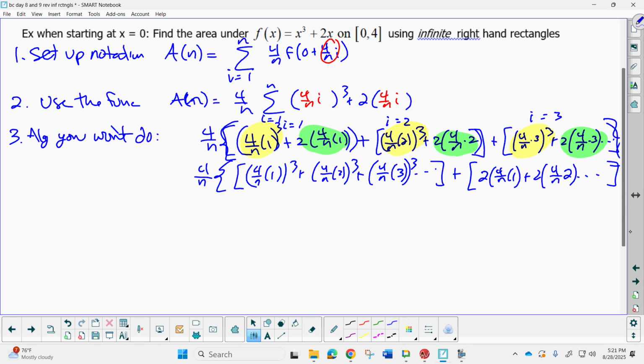Now for this here, each of these has a greatest common factor. I could take out a 4 over n cubed, and inside would be left the 1 cubed plus 2 cubed plus 3 cubed plus, and so on.